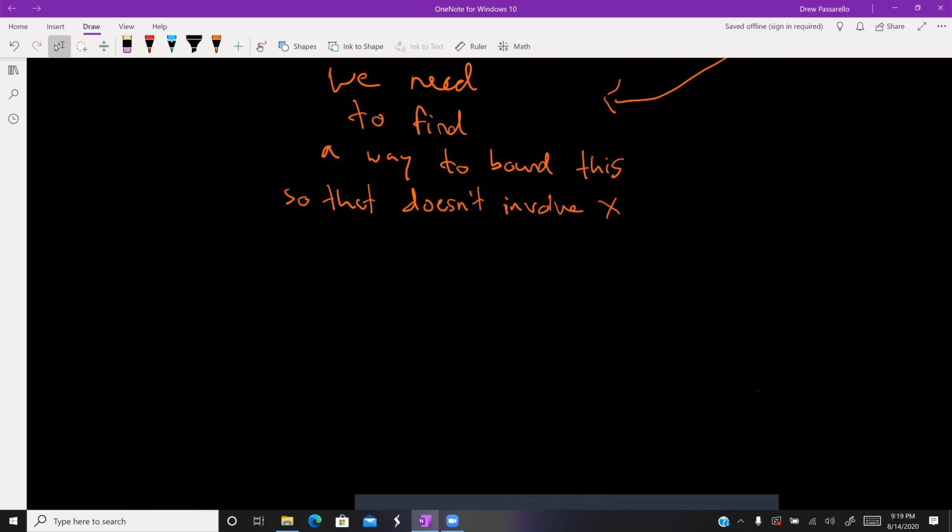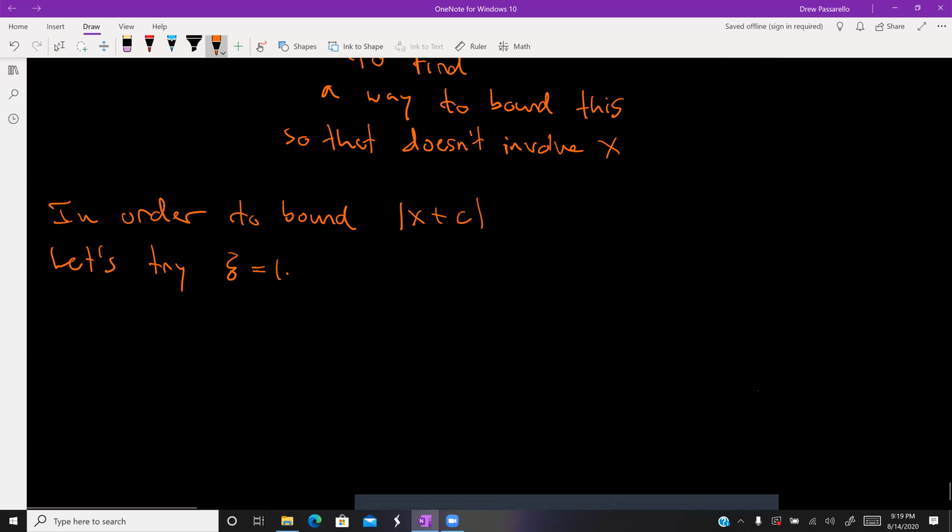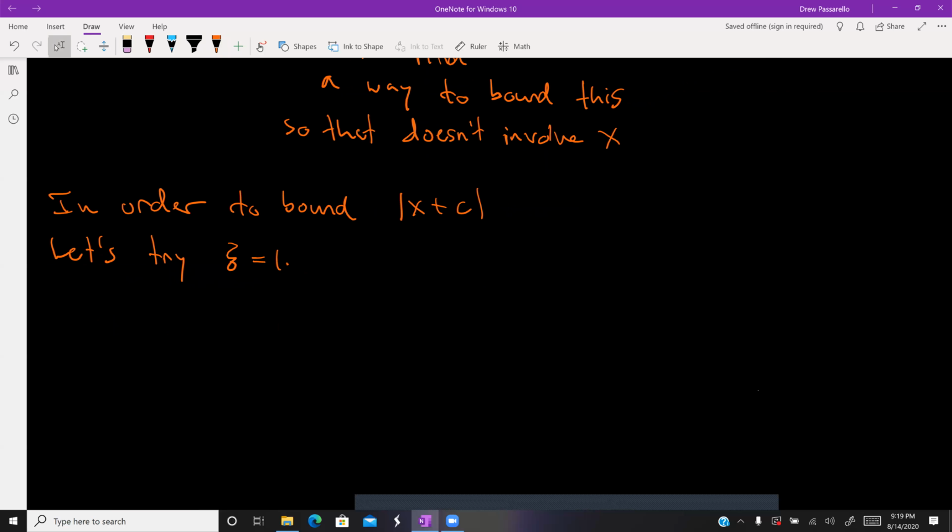Okay, so in order to bound the absolute value of x plus c, let's try delta being equal to 1.